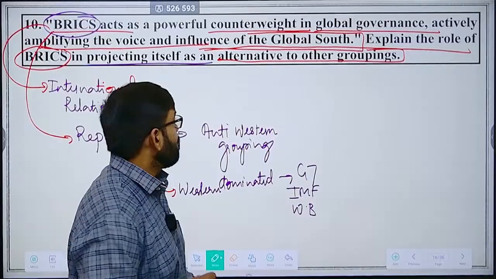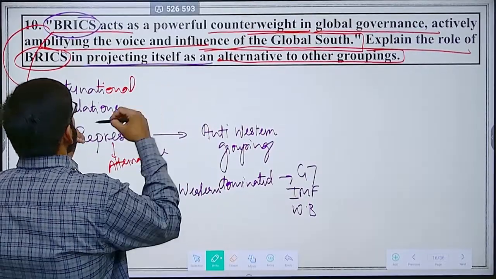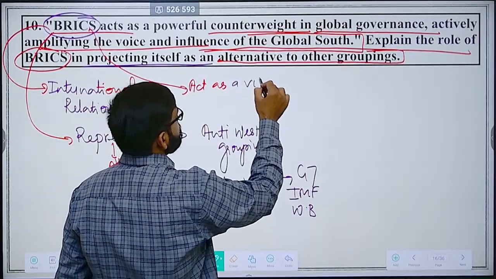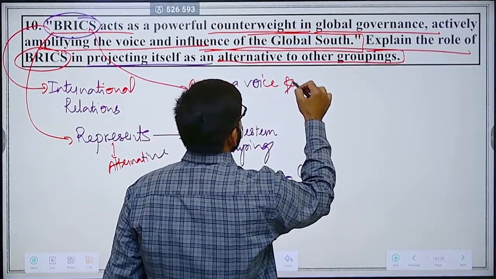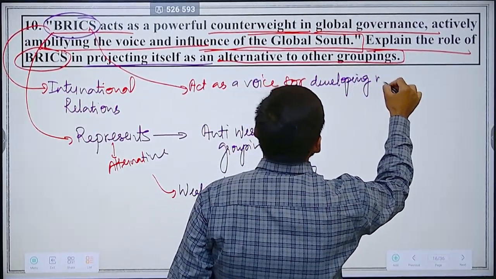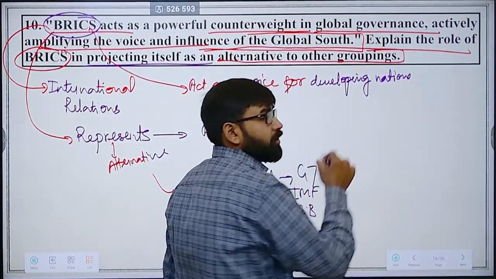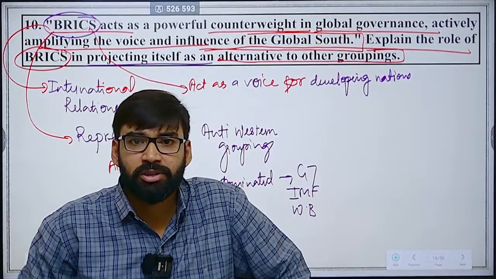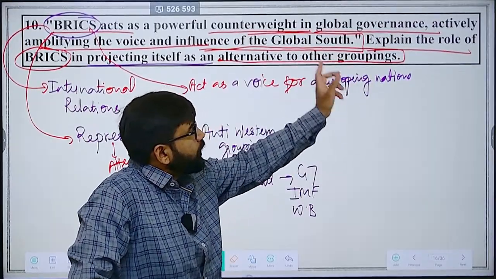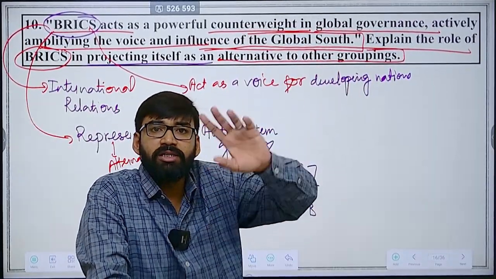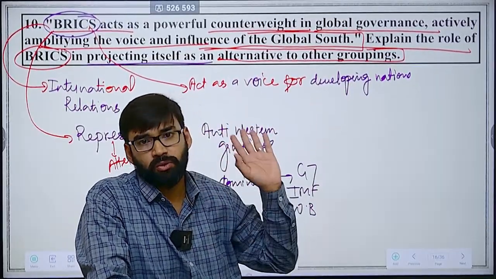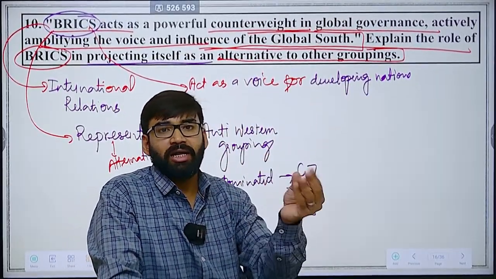And BRICS you can mention in your introduction also, acts as a voice for developing nations, like the global South. So this question also requires you to evaluate the challenges that BRICS is facing in fulfilling this role. Right? So what challenges is BRICS facing?